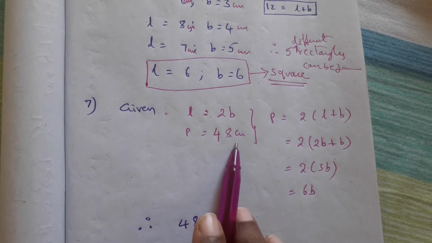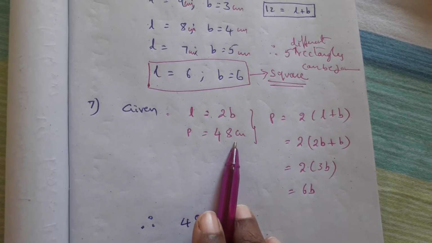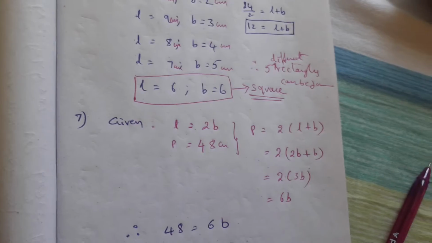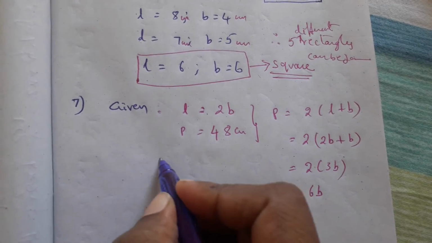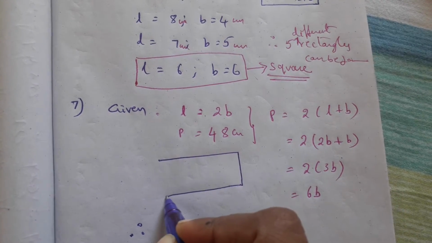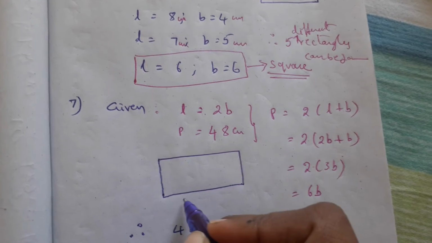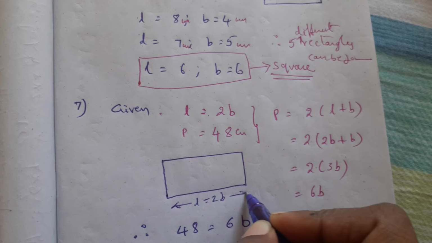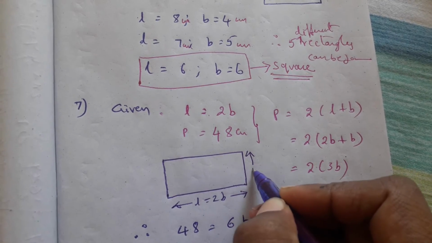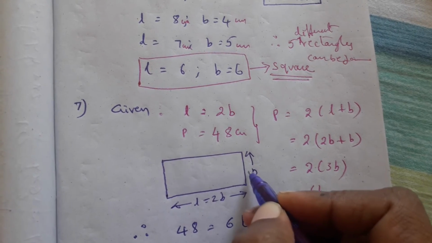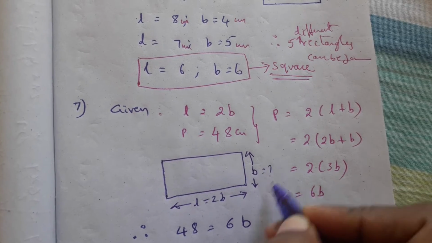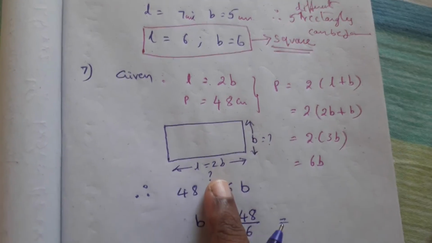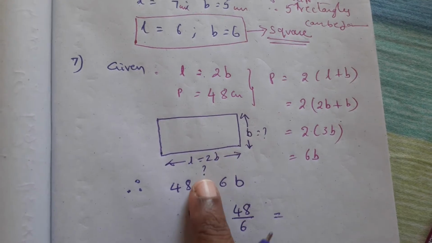And what else is given? Perimeter is equal to 48 centimeters. Now our job is to find out the dimensions of the rectangle. So I have a rectangle here whose length is L is equal to 2B, and breadth is B. I have to find out what is B and what is L. That is the meaning of find the dimensions, meaning measurements.